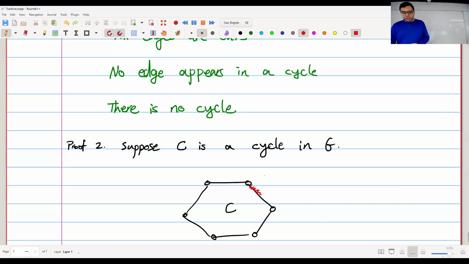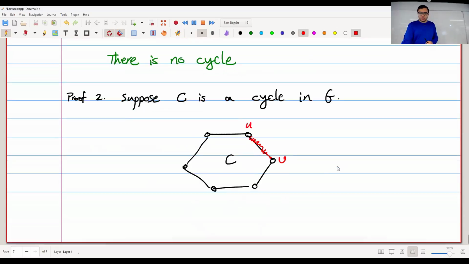If I remove this edge, the connected components are not going to change because the two endpoints are still connected from the other side of the cycle. So this edge cannot possibly be a cut. But I have the assumption that every edge is a cut. So this is a contradiction. This shows that I cannot have a cycle.